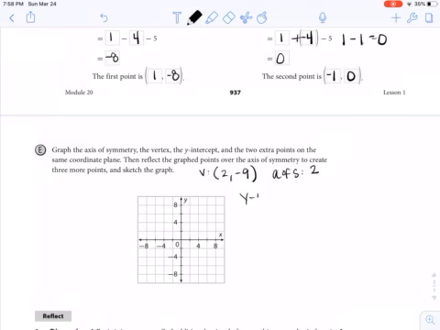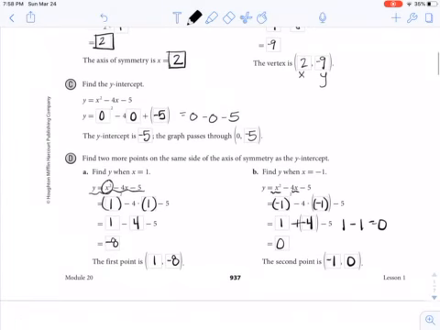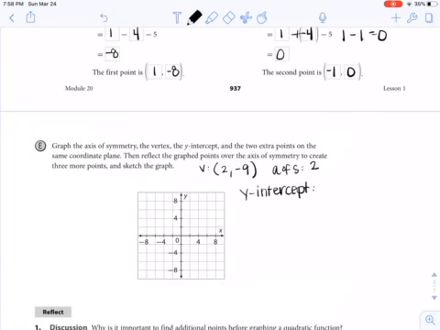Our y-intercept was, let's go back and look at it. Well, our y-intercept is 0, negative 5. And then our 2 points are going to be 1, negative 8, and negative 1, 0.